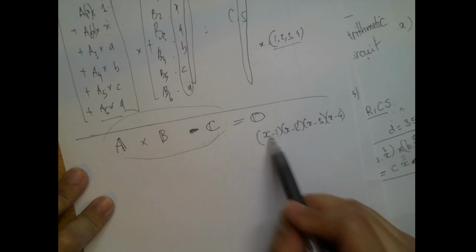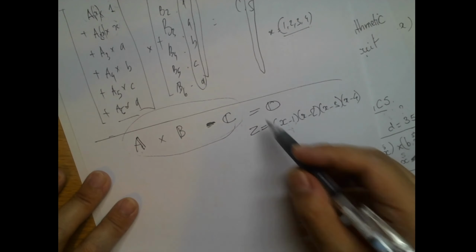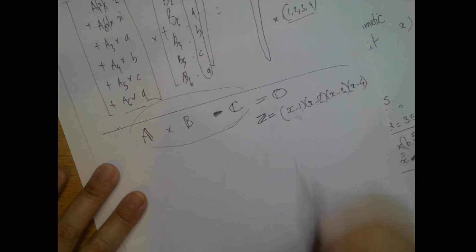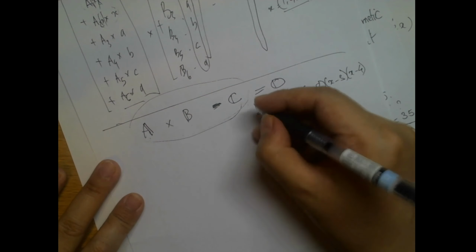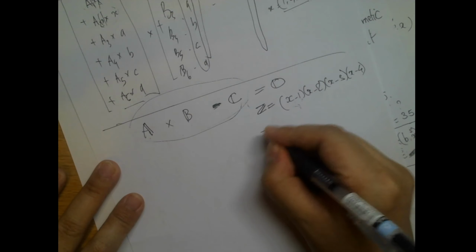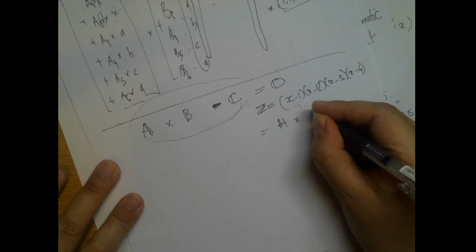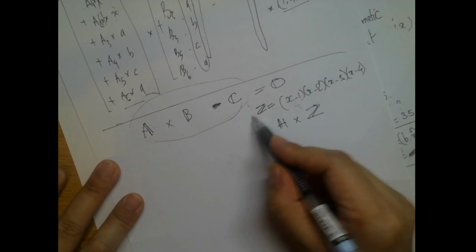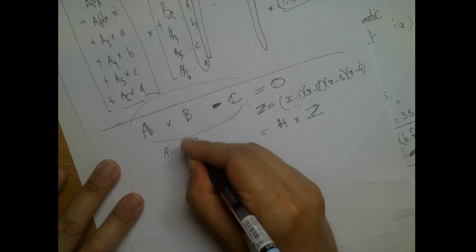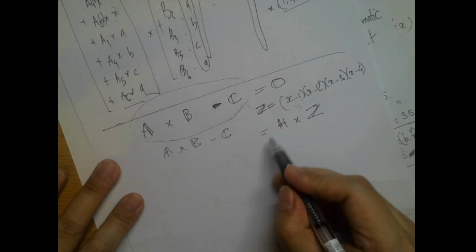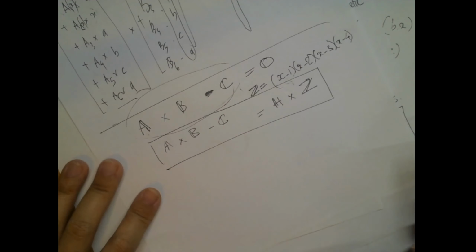So it's going to be 0 at 1, 2, 3, and 4. So this particular polynomial is going to be divisible. This guy will divide z. Or in another way, there's another polynomial h that multiplies z. So if z is this, then A times B minus C is equal to h times z. This is the relation that we are looking for.